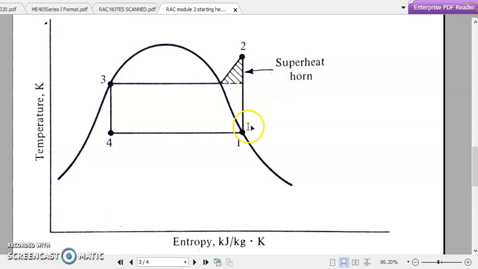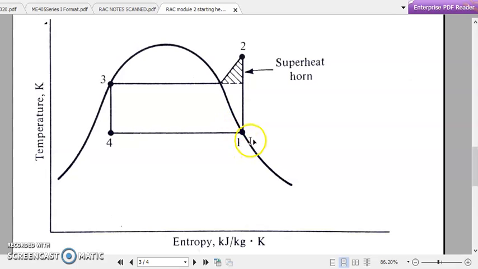Since the compressor is acting on the vapor form of the refrigerant, the compression will be extended to a very large extent. At the end of the compression, the temperature of the refrigerant will increase to a very large value, or it will enter a superheated state. You can see the compression process itself is starting at the saturated vapor state.